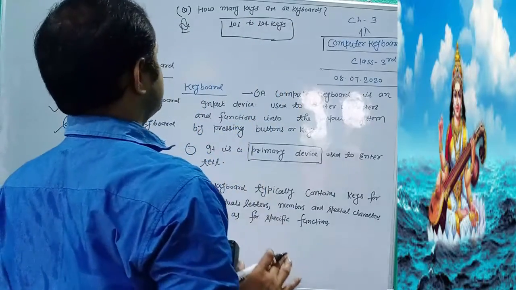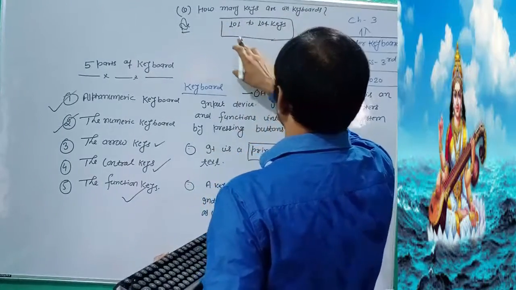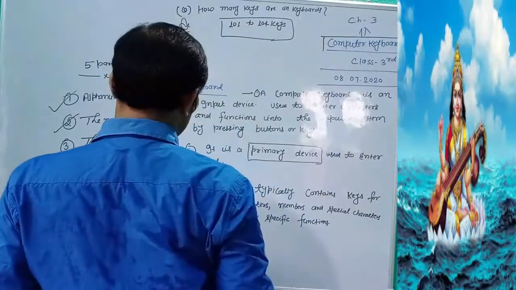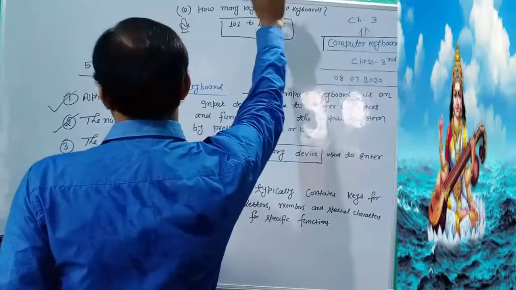The simple question: how many keys are in a keyboard? 101 to 104 keys are available in the keyboard.